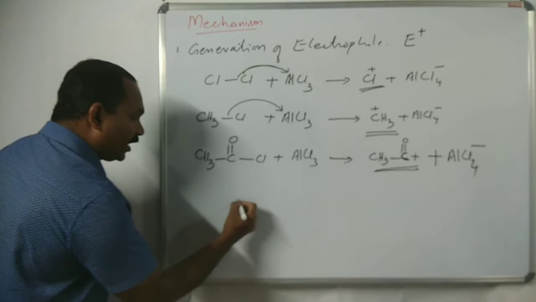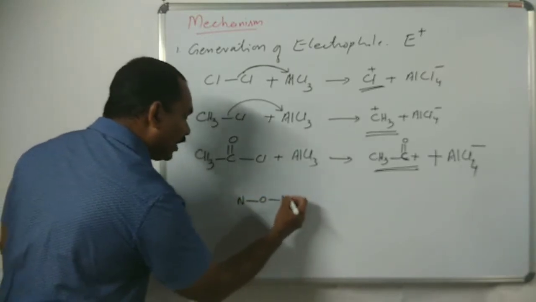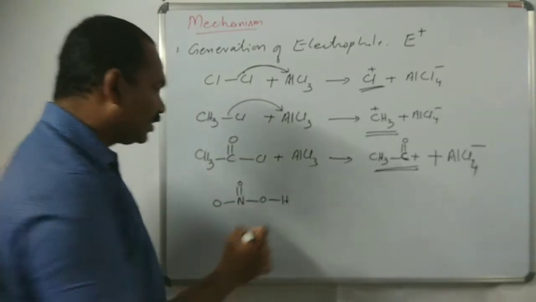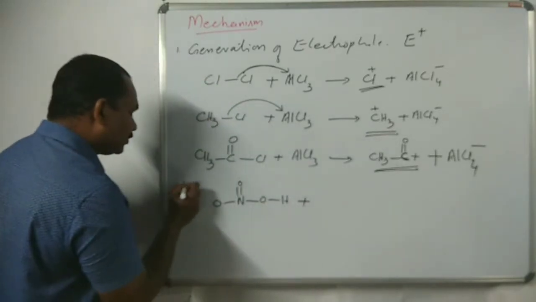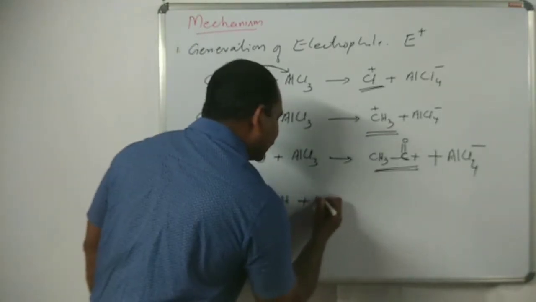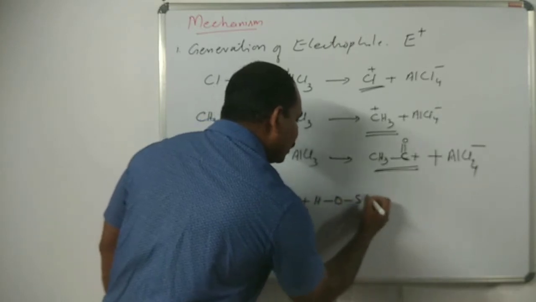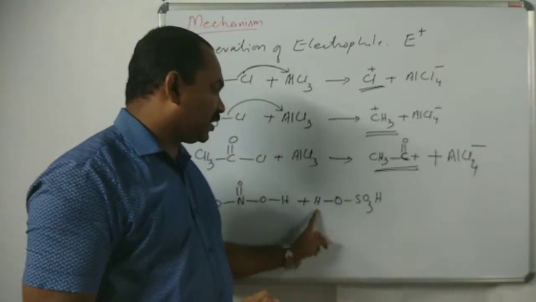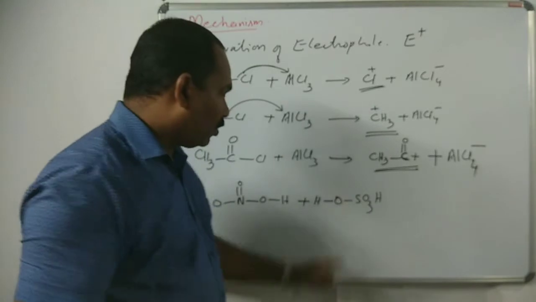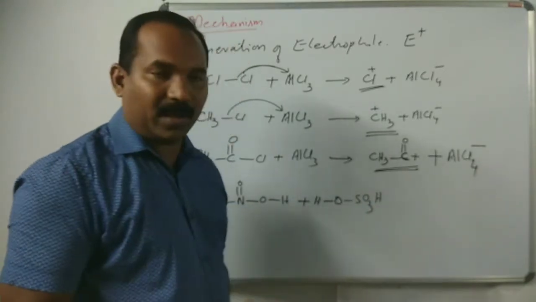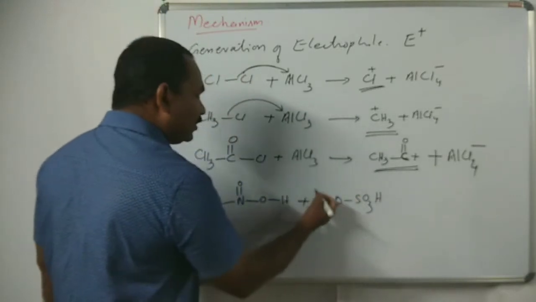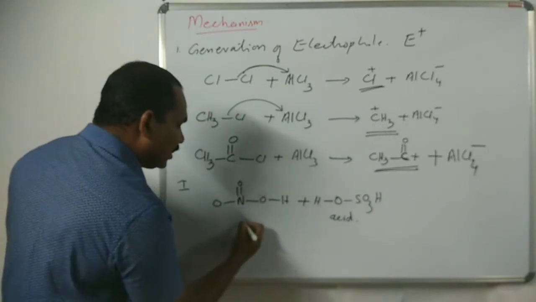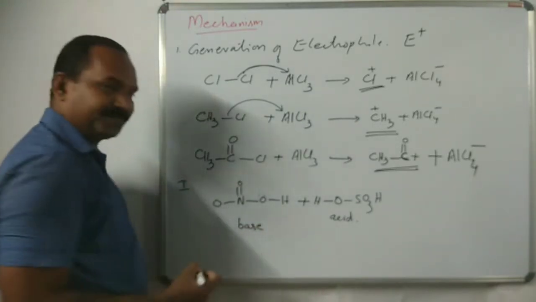HNO3. HNO3 can be written as OH, N double bond O. This is nitric acid. And sulfuric acid, this is the first step. Step 1. Sulfuric acid, H2SO4, can be written as HOSO3H. Here the sulfuric acid acts as an acid, and the nitric acid acts as a base.